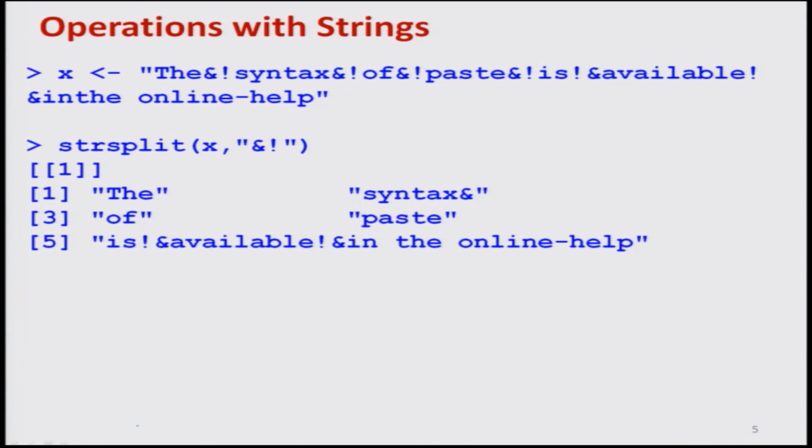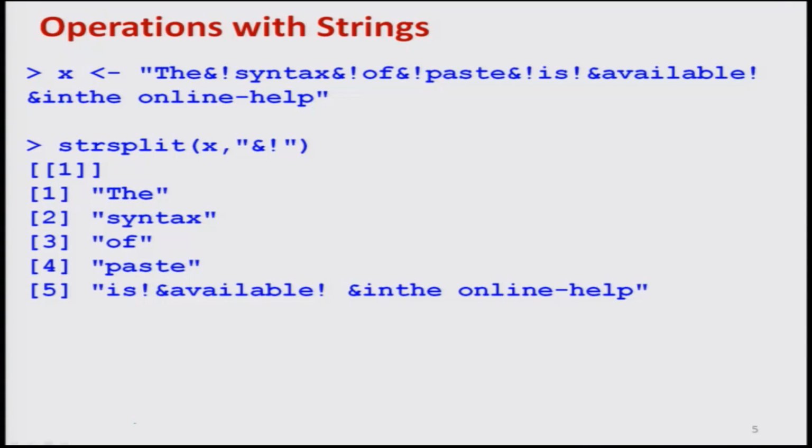Now we take another example using the same syntax, but we split the statement at a different place and see what happens. We consider the same example as earlier, but now I would like to split this statement at another point, at the symbol wherever I get a combination with the exclamation sign together.